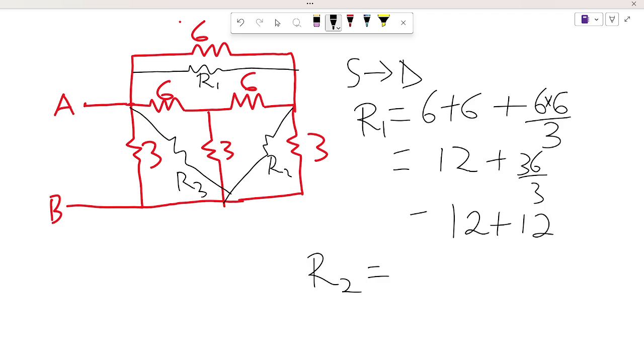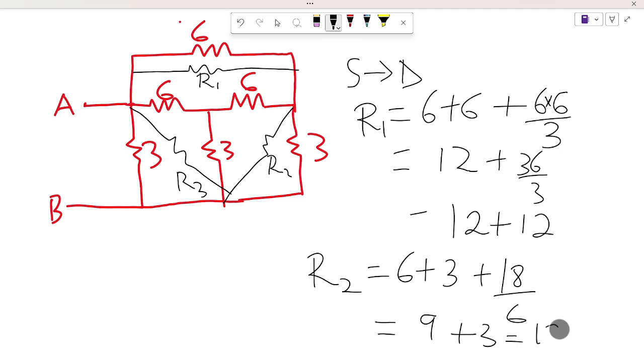So we have our 6 plus 3, then plus our 6 times 3. So 6 times 3 is 18 all over the other one. So that's 6. So that's going to be 9 plus 3. And we are going to have 12 in that case.